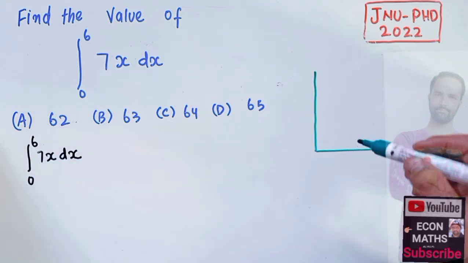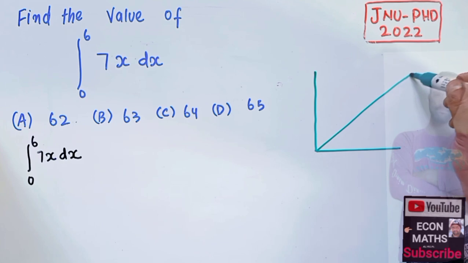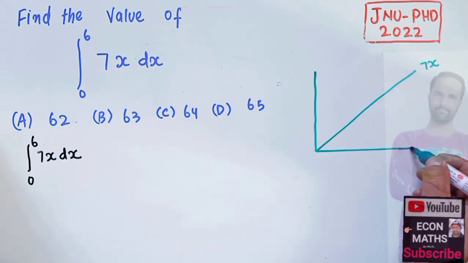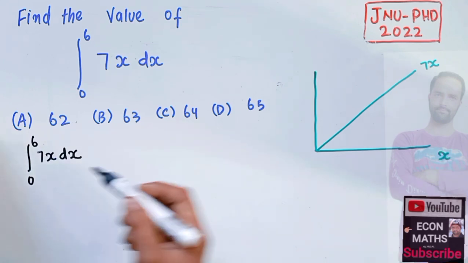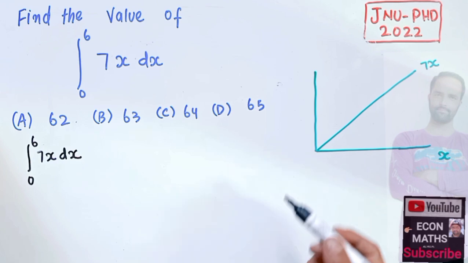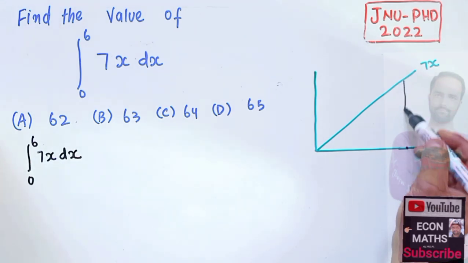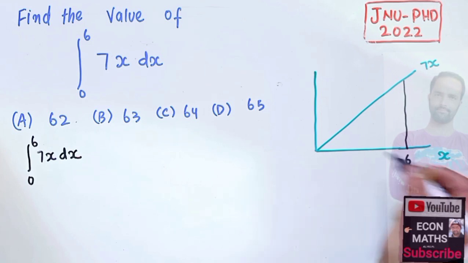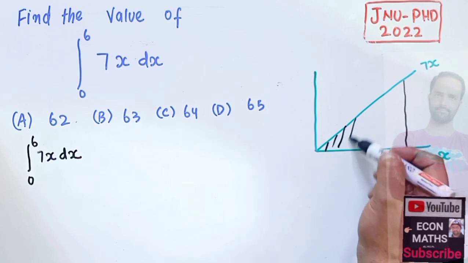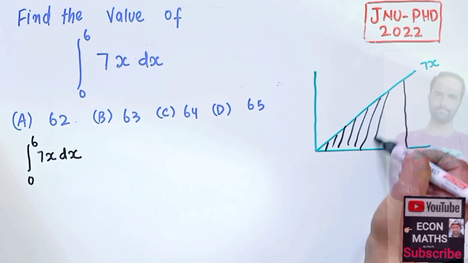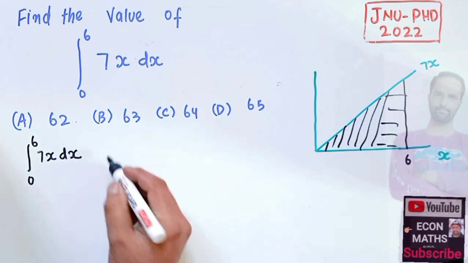So we have the 7x function, it will go through the origin. So this is our 7x, okay, we have x on this side. We need to find the area under this straight line when x is equal to 6. So up to, let us say, it is here, 6. Okay, so the definite integral of this function will give us the area of this very graph.